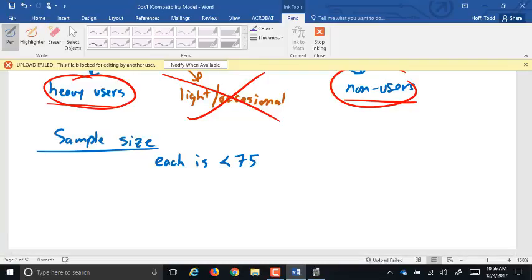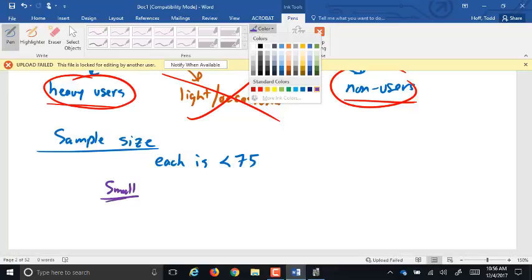But if each is less than 75 people, that actually in some cases would be a pretty large sample. But if we're looking at all people that use steroids, probably somewhat small. In fact, one of the things they said in the study was that they were going to need to do what?